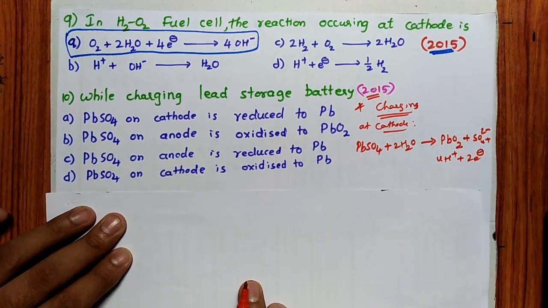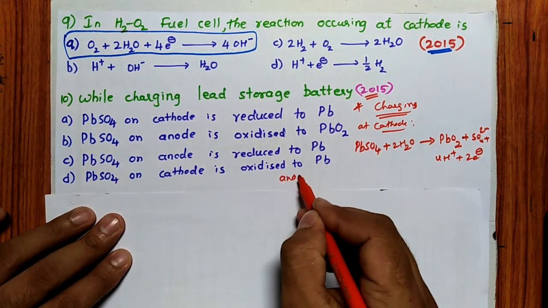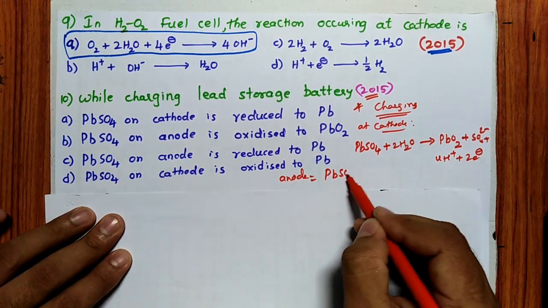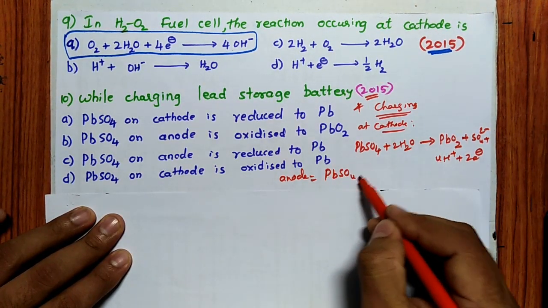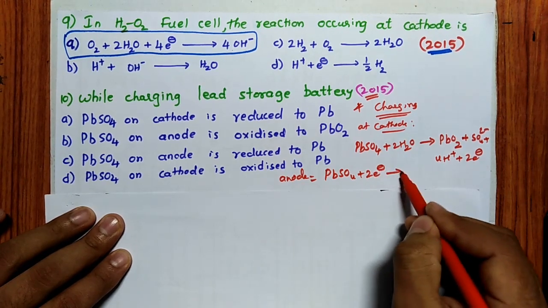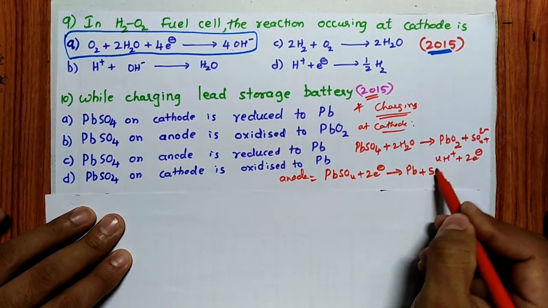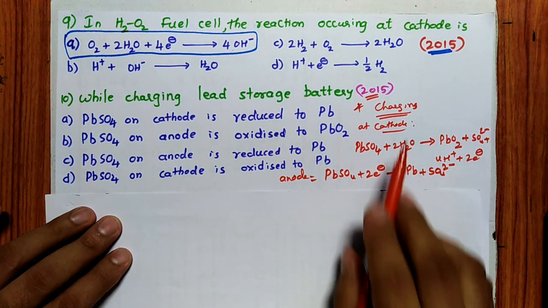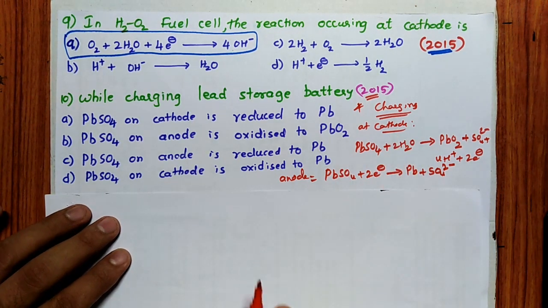Then what will happen at anode? For anode you are going to get PbSO4 plus 2 electron gives rise to Pb plus SO4 2 minus. At cathode this reaction, at anode this reaction.